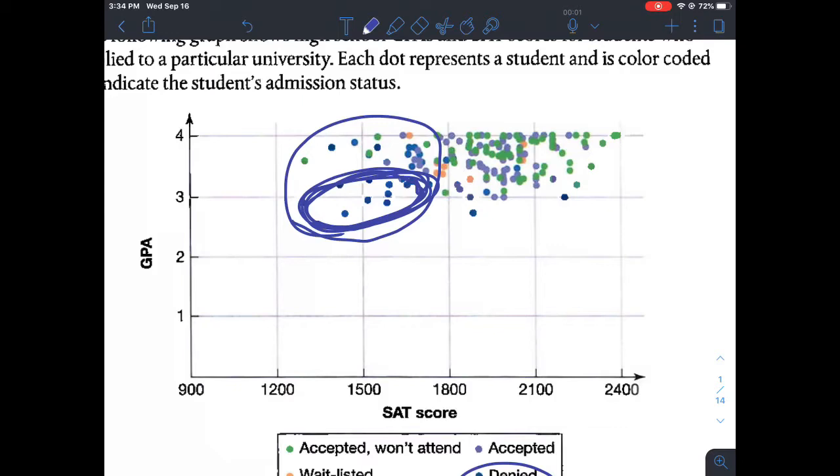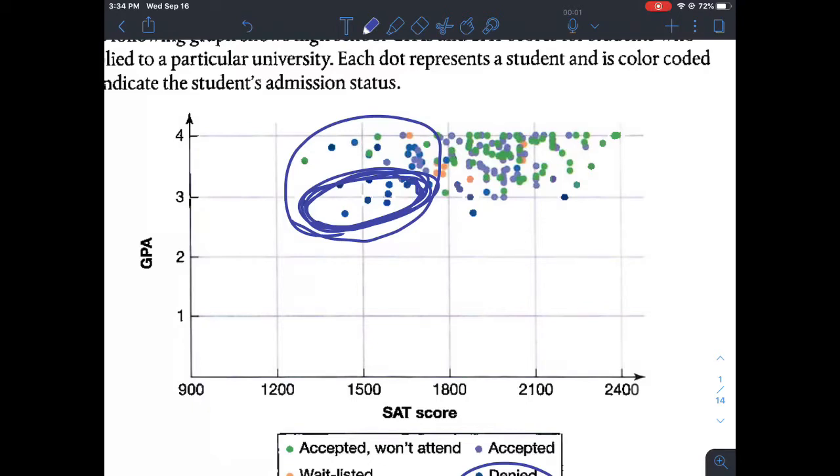And that also indicates a somewhat lower GPA. It looks like most students have between a 3 and a 4 GPA. A couple of these students have a 2.8 to a 3.2 GPA. But the biggest indicator for them being denied is this low SAT score.